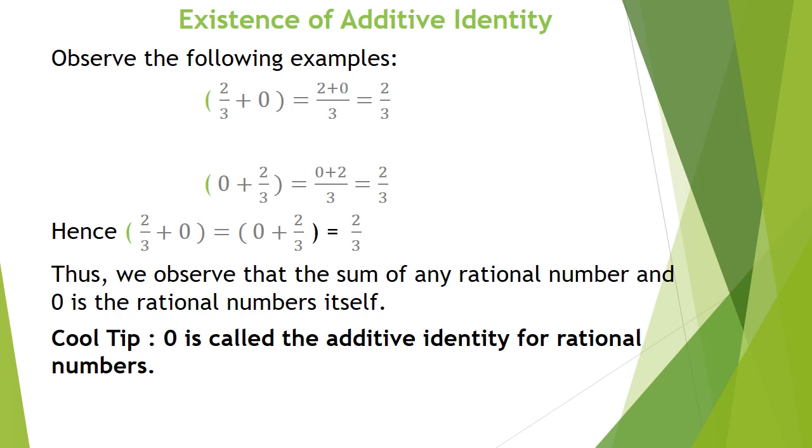Hence 2 by 3 plus 0 or 0 plus 2 by 3 equals 2 by 3. Thus we observe that the sum of any rational number and 0 is the rational number itself. Thus 0 is called the additive identity for rational numbers.